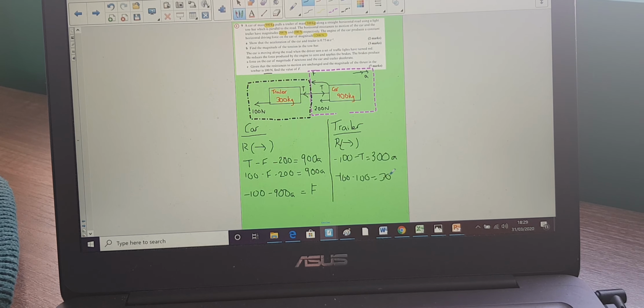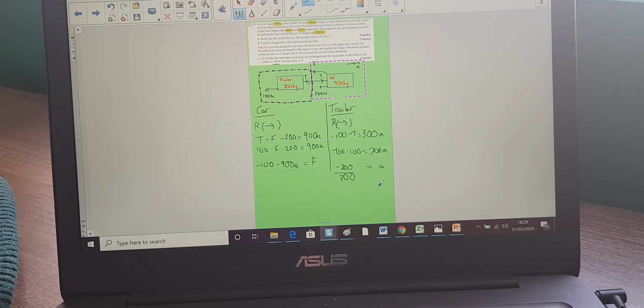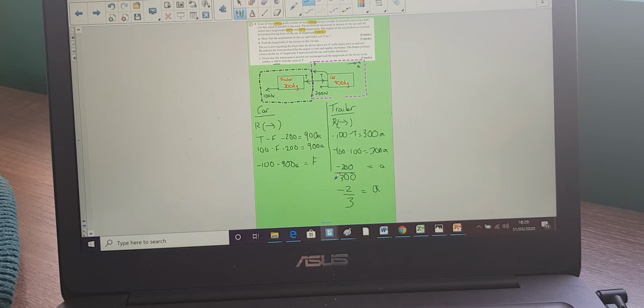I'm told the thrust, if we remember, in the question. This is looking good. So this will give me minus 200 over 300 essentially. So if I simplify it, I know that the acceleration is minus 2/3. That makes sense. I know it's going to be negative because it's decelerating.